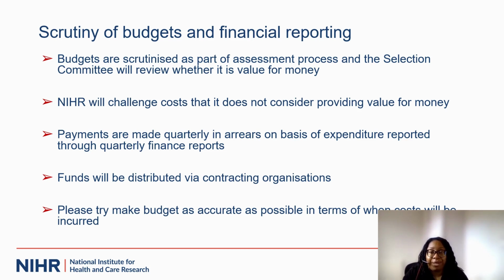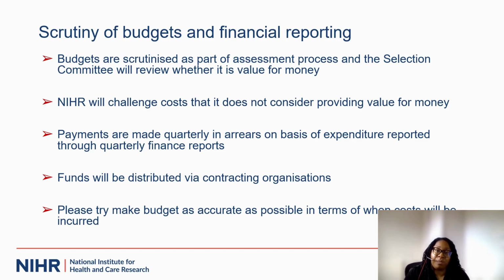Payments are made quarterly in arrears on the basis of the expenditure reported through quarterly finance reports, and funds will be distributed to the host organisation, which is then dispersed through to the partner organisations.